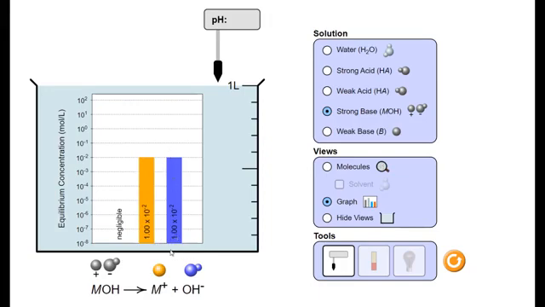What we're going to look at here in just a second is that this chemical reaction is balanced, right? I have 1 M on the left and 1 M on the right, 1 O and 1 H, and 1 O and 1 H. So everything is a 1-to-1 ratio. Therefore, whatever concentration of M I have will be the same concentration as my OH.